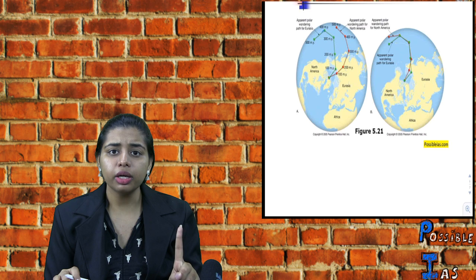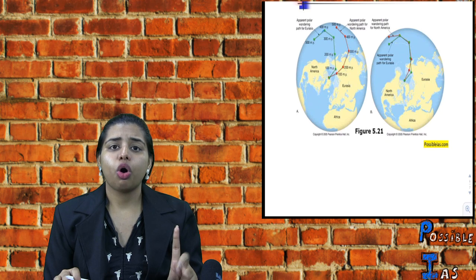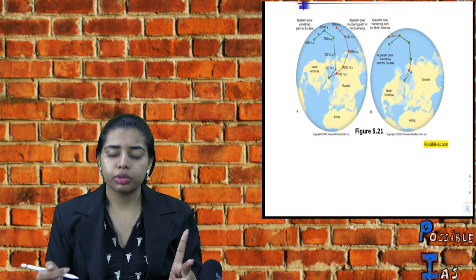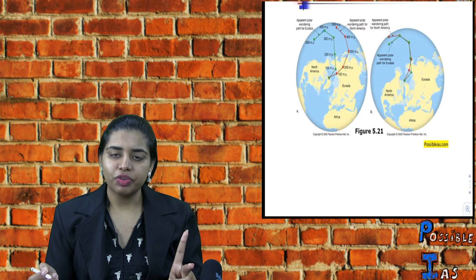Either the magnetic north and magnetic south of the earth have shifted quite a lot from their position, or the position of the plates which were carrying these ferromagnetic minerals has shifted.